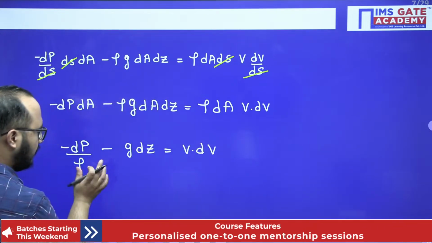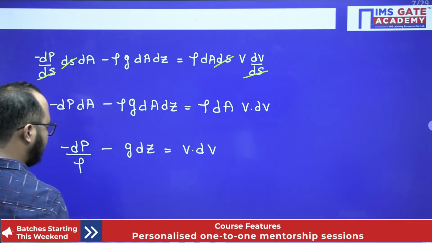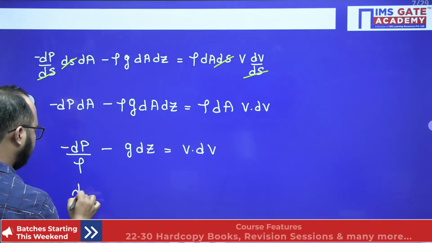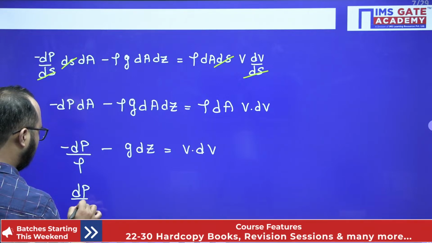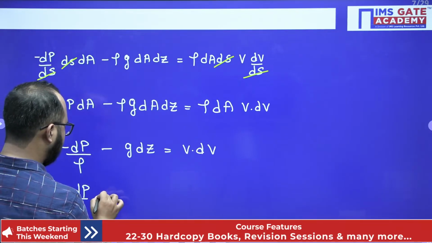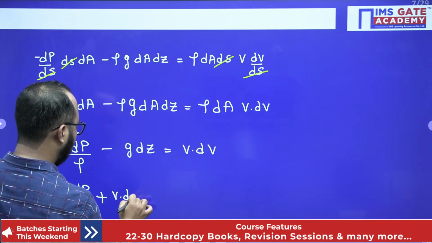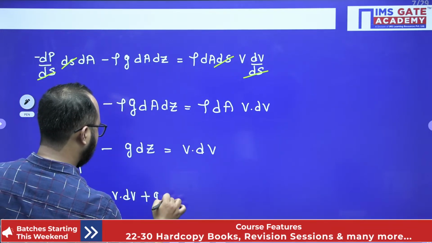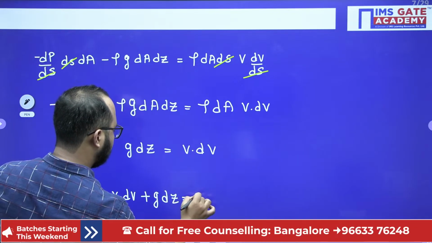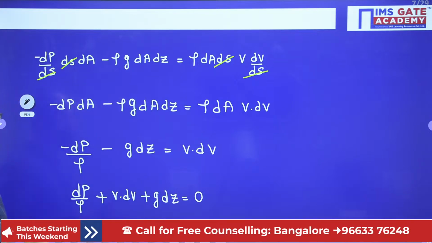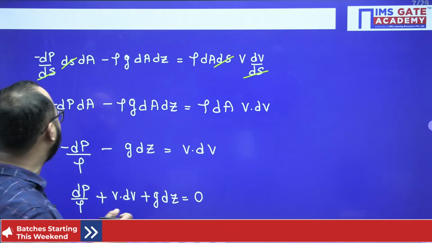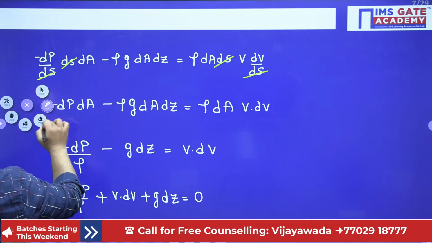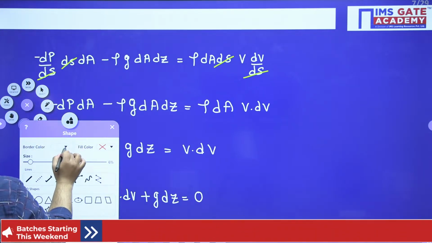Now if I take all these terms towards the right side, what will I be getting? dp by rho plus v dv plus g dz equals 0. That is the equation I will be getting, and that is our Euler's equation. Okay everyone, this will be our Euler's equation.